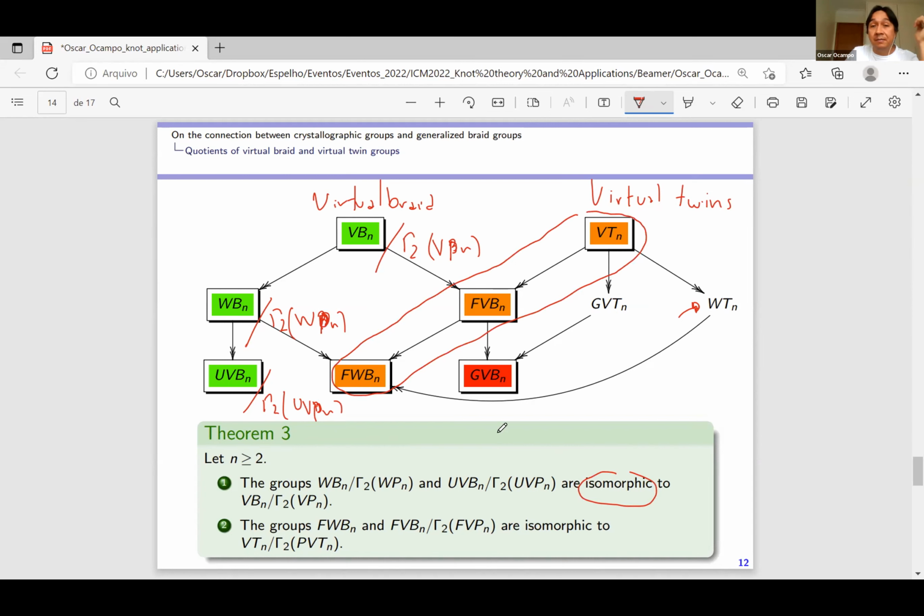So it means the following: since this quotient is crystallographic, also this quotient is crystallographic, also this quotient is crystallographic, and all of them have the same properties. So it's not really necessary to try in a separate way these other quotients.